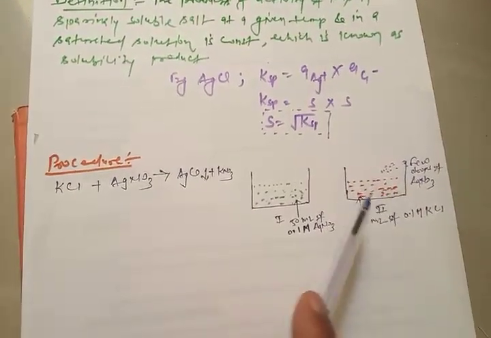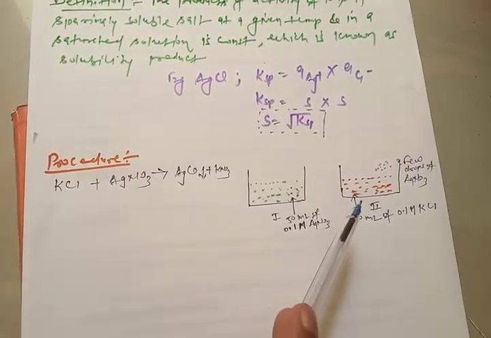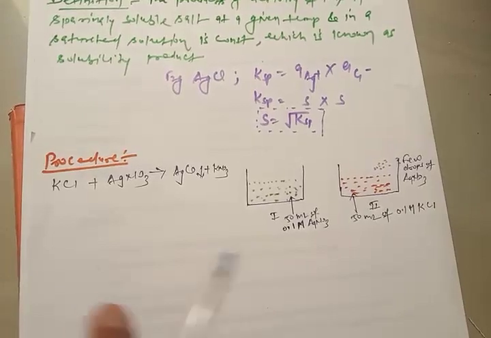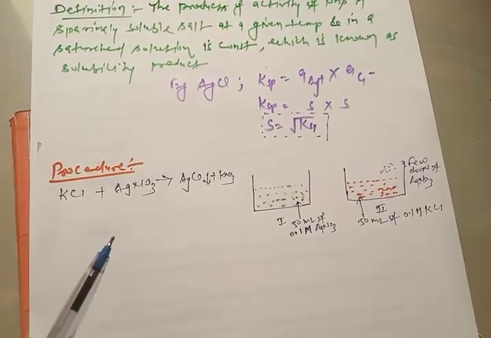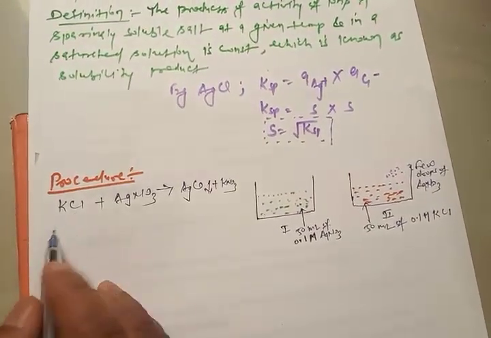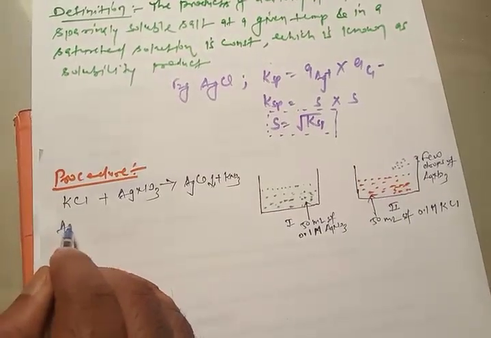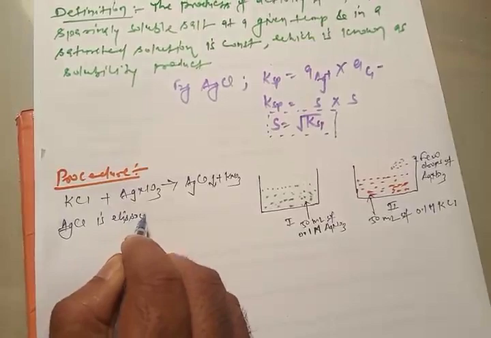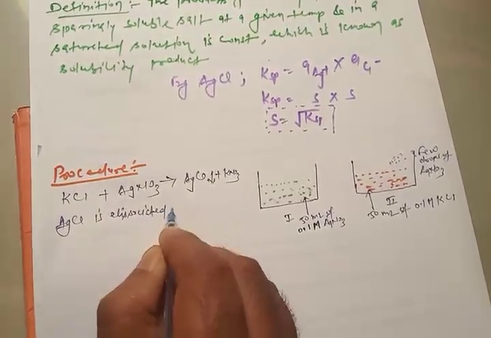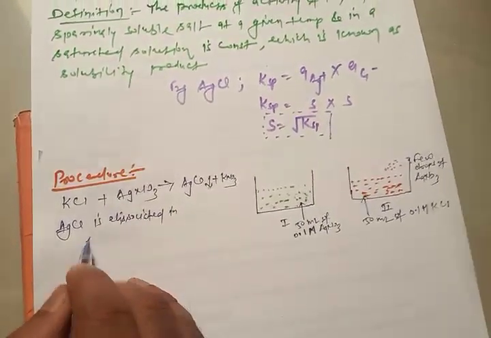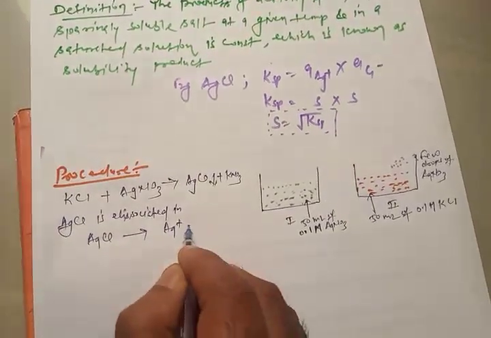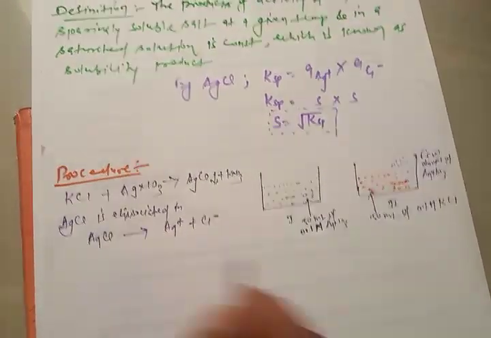And this AgCl, which is precipitated, is dissociated into Ag ion and chloride ion.